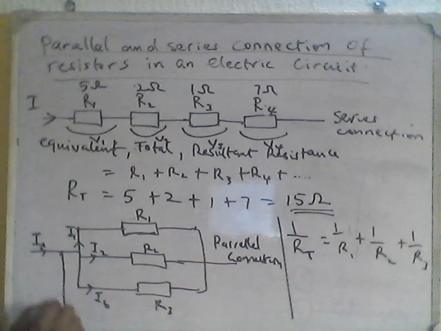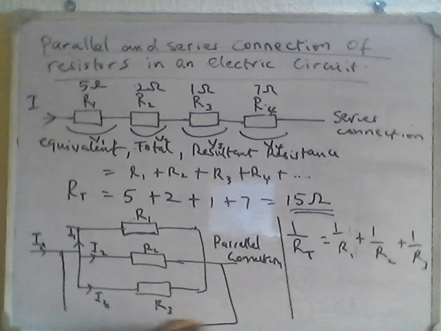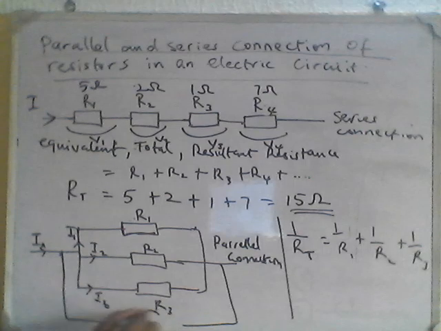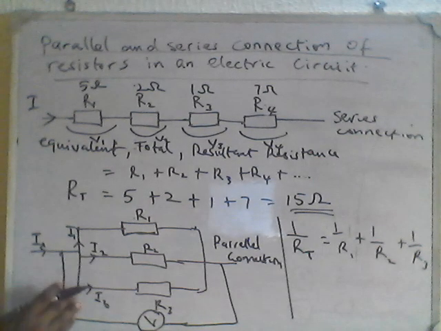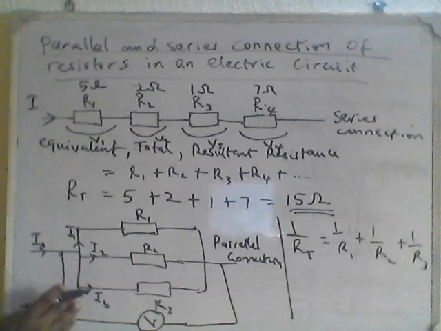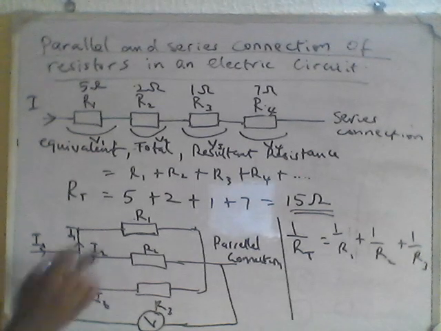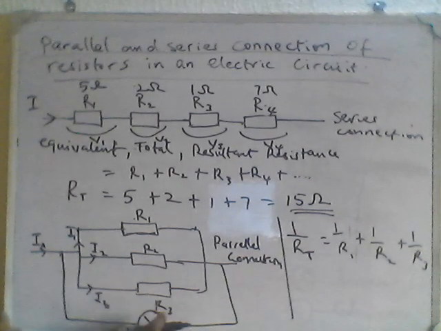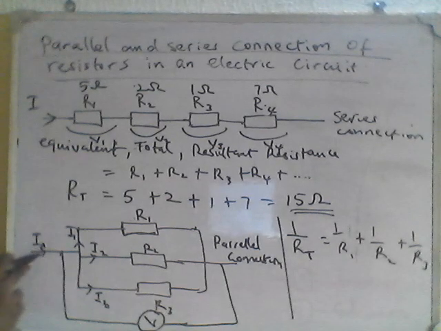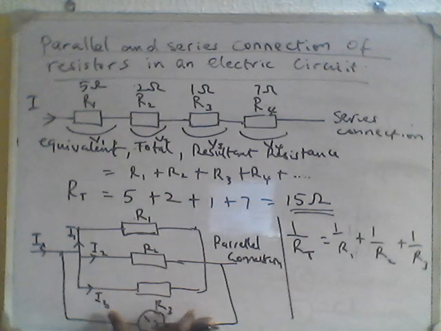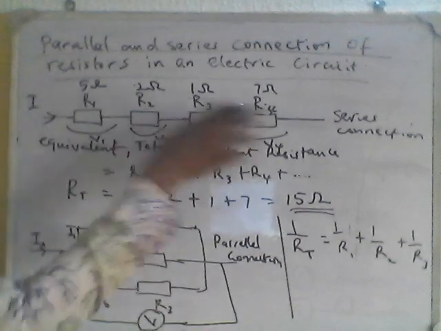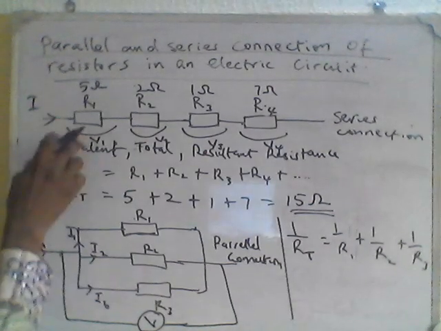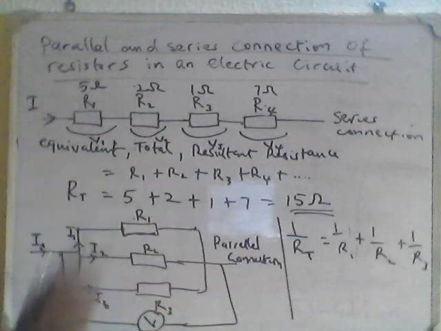I'll have this terminal connected like this, like this, like this. The same voltage will go across all of this, but different current will go across them. So note, if you have parallel connection, same voltage across all the resistances, different current across all the resistances. But for series connection, same current across each of the resistors and different voltages across the resistors.